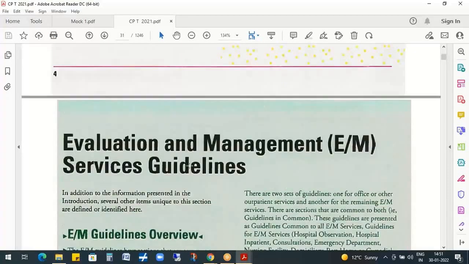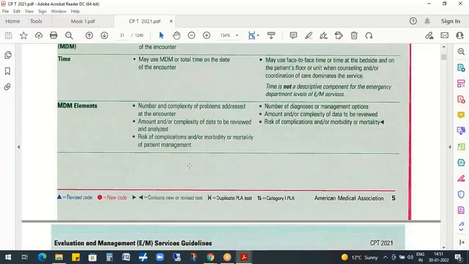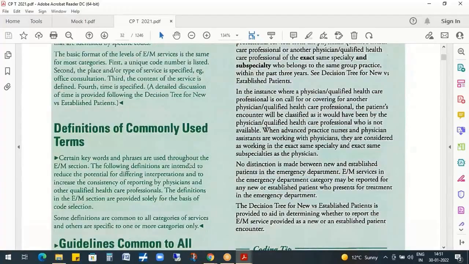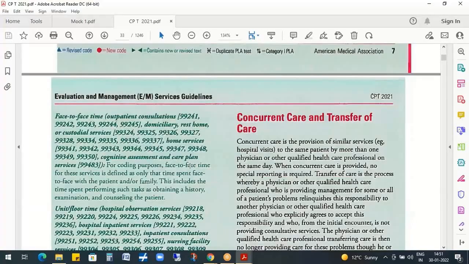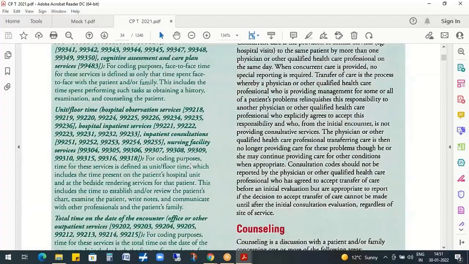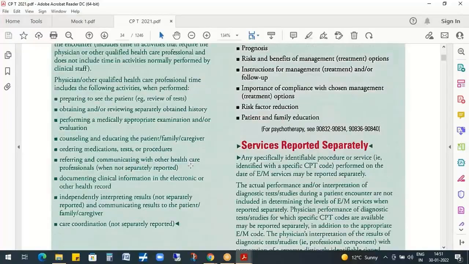Understood? The guideline here you need to get. Established. Time concurrently counseling.